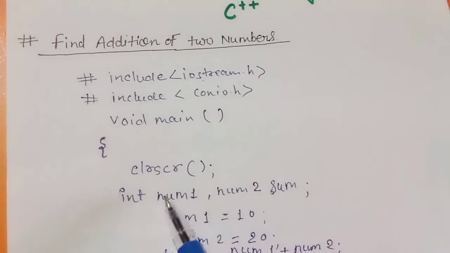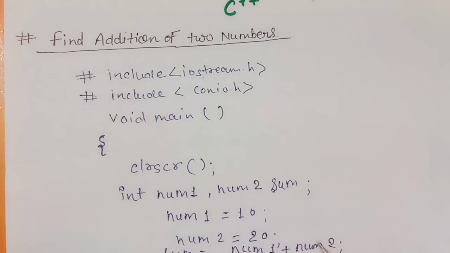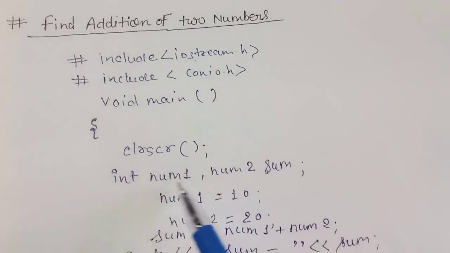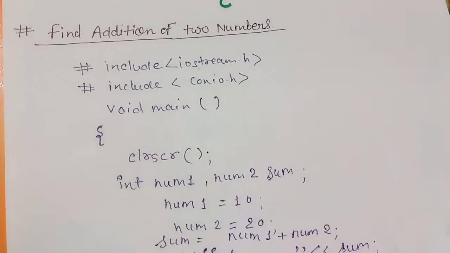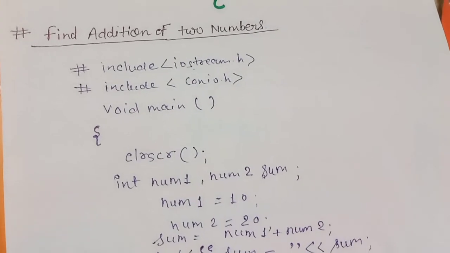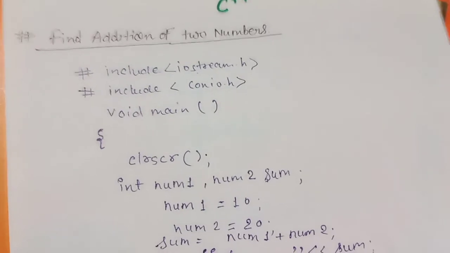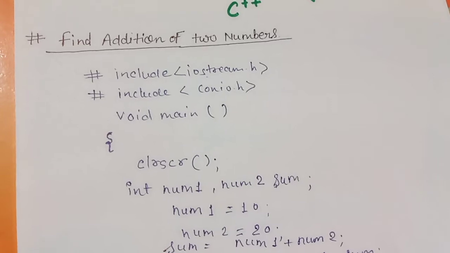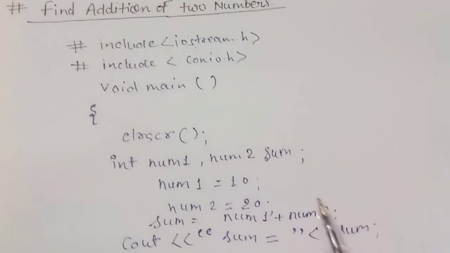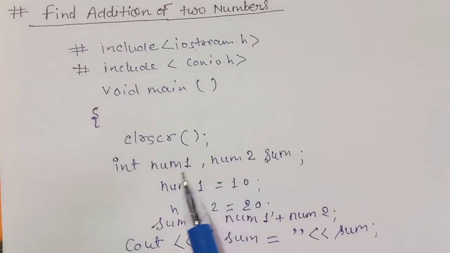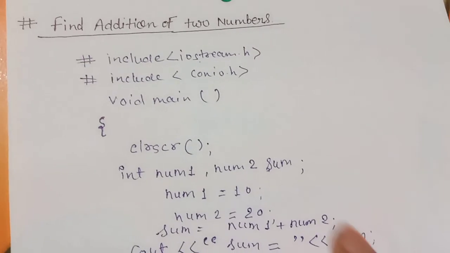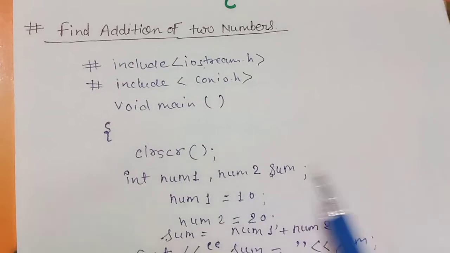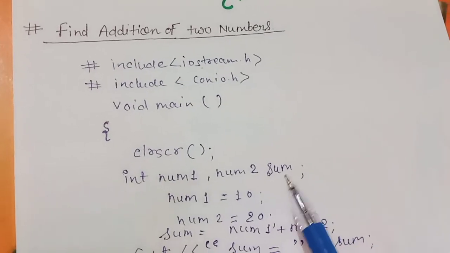Then we move towards the variables. To add two numbers we need variables: one for the first number, one for the second number, and a third one, sum, where you add these two numbers and the result is stored.